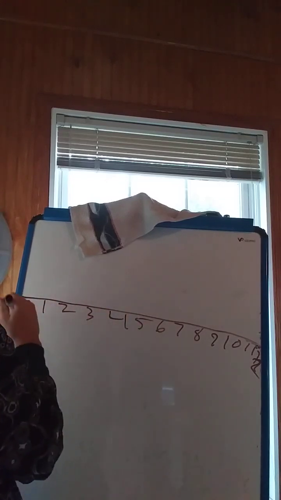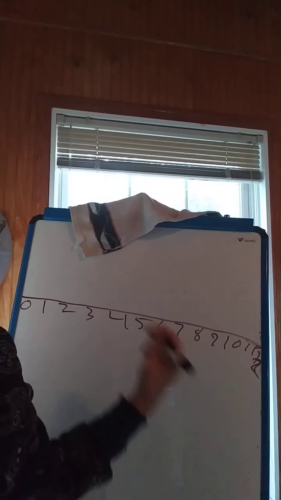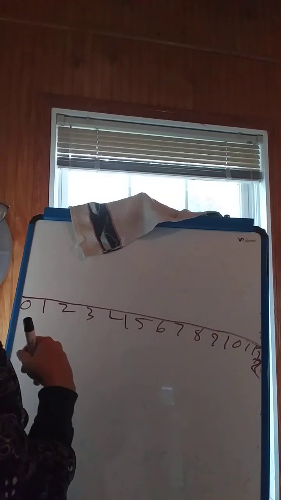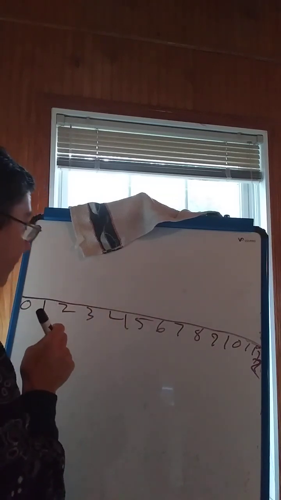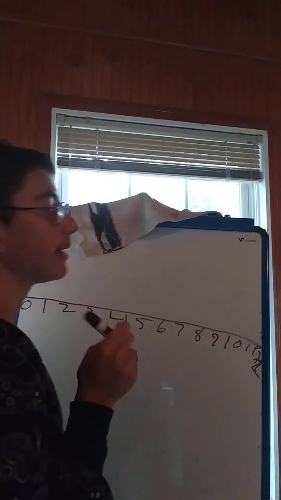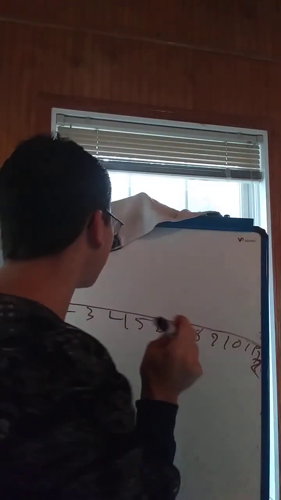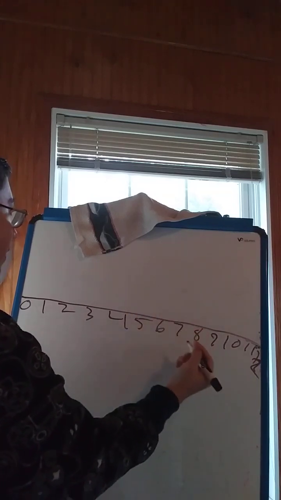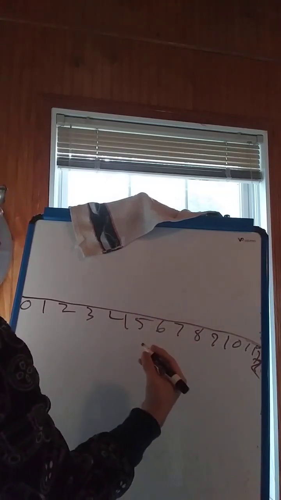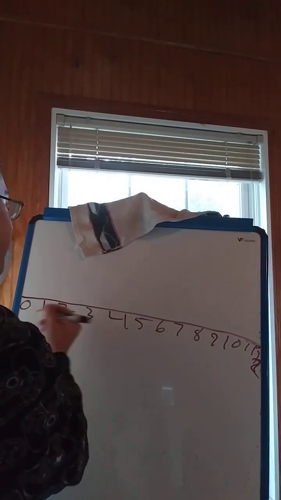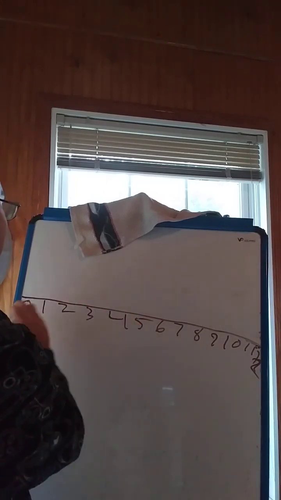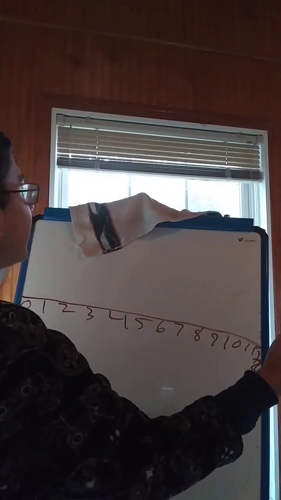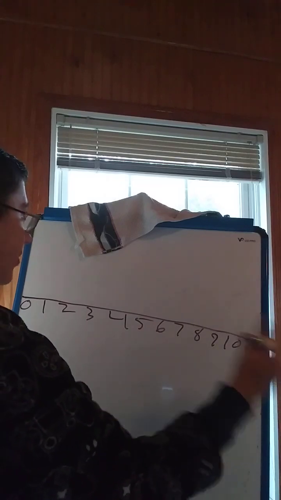It starts by counting to the number to the right, and then you count how many places up to that number, including the number itself, how many places it is away from 0. So 6 would be a greater number than 3 because it's 6 places further away from 0. As you go further this way, you get bigger in value.